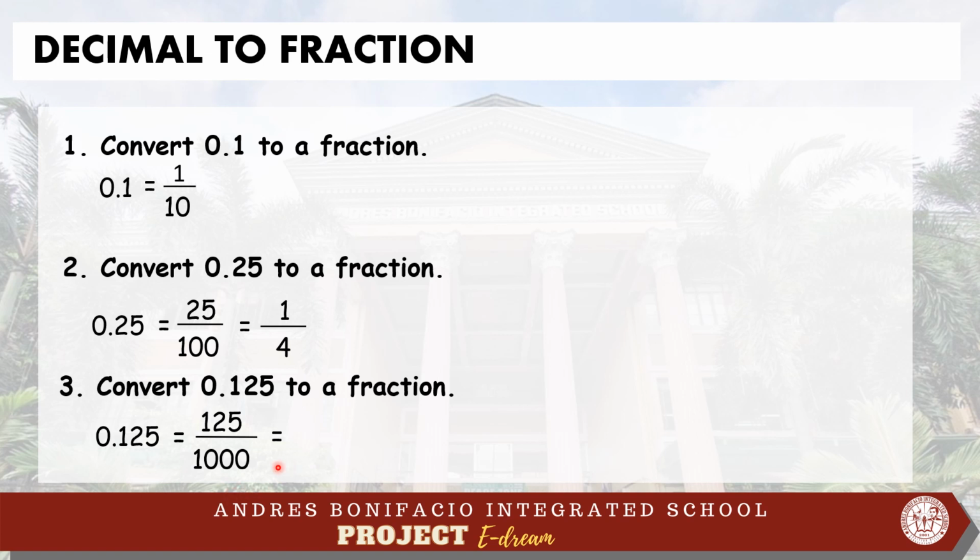But still, we can reduce this into lowest terms. So, anong number po kaya ang pwede nating i-divide? Both numerator and denominator. So, pwede nating i-divide siya sa 25 or 125. So, 125 divided by 125, we have 1. So, 1,000 divided by 125, so we have 8. So, therefore, 0.125 is equal to 1/8.